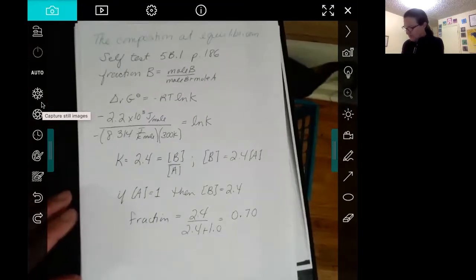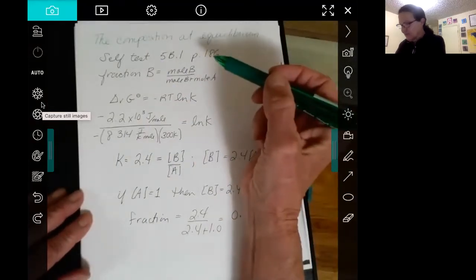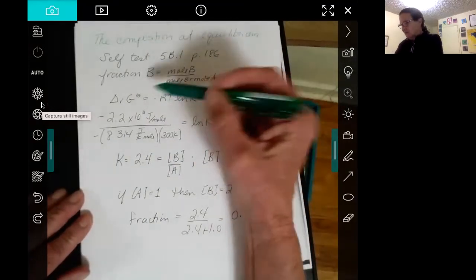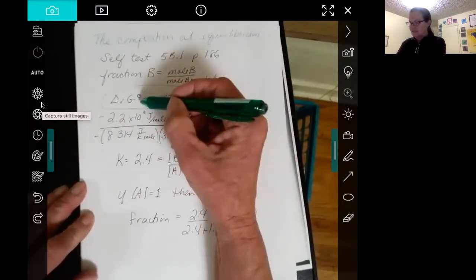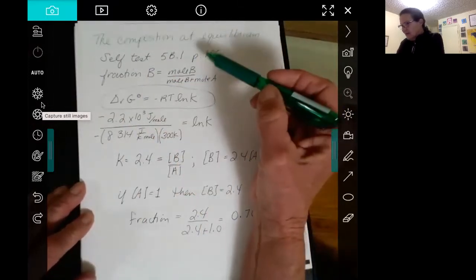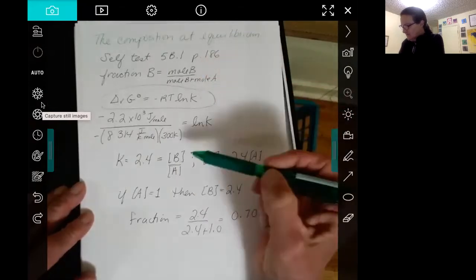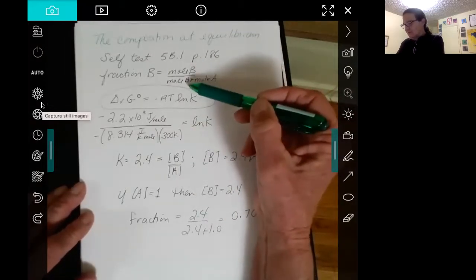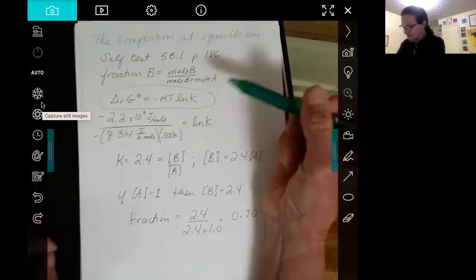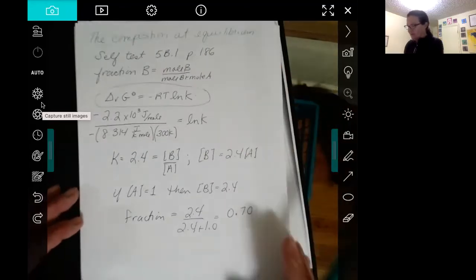In our first topic of this focus, we derived this equation, remembering that K is related to delta G at standard state. Our equilibrium constant is B over A. We want to figure out moles of B over moles of B plus moles of A, in order to have the definition of a fraction.